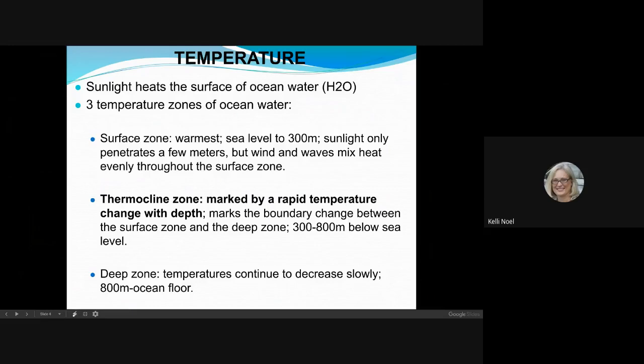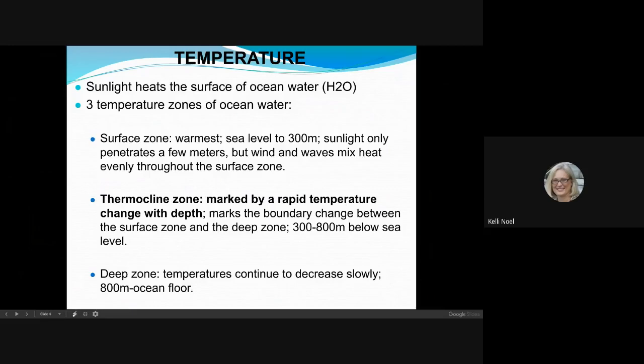Think of a cline as a boundary, and also think of it like decline. Something's going to change here. So this is going to be marked by rapid temperature change with depth. So the temperature is going to change very quickly.